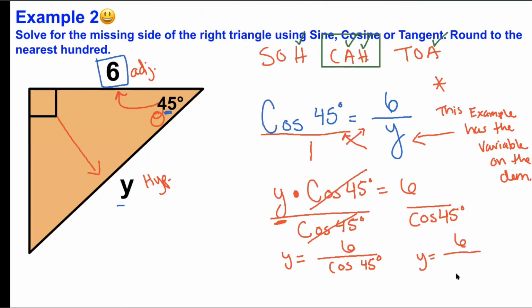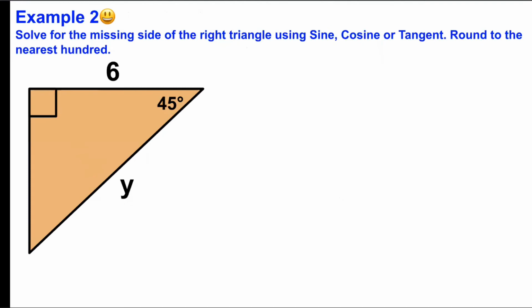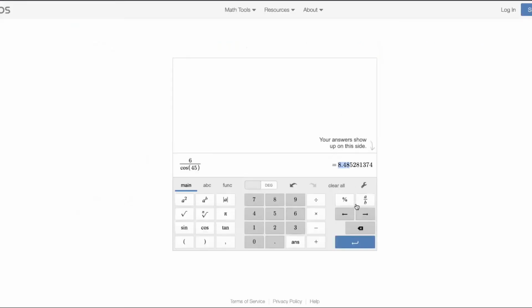let me write the whole item out here, 6 divided by cosine of 45. Let me write what cosine of 45 is exactly. What if I just wanted to look for cosine of 45? I can do so. Let me clear all.